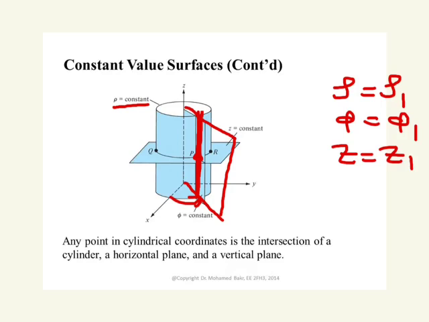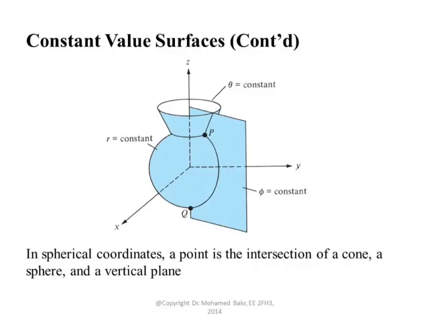When the constant phi plane intersects the cylinder, it gives a vertical line. When this vertical line intersects the horizontal constant z plane, you get your point. So here the constant value surfaces are a vertical plane, a horizontal plane, and a cylinder whose axis is the z-axis.